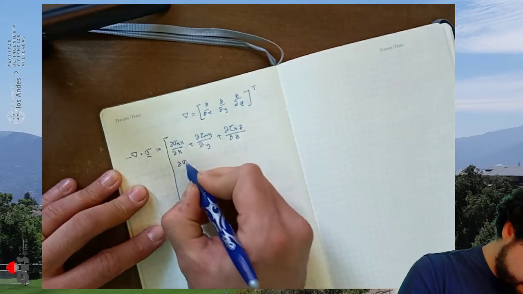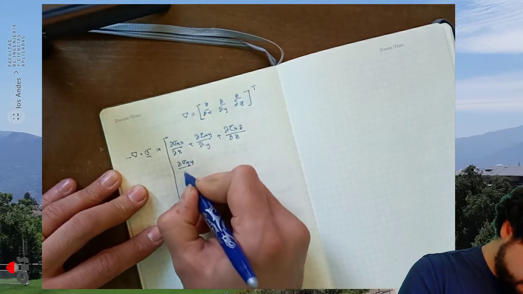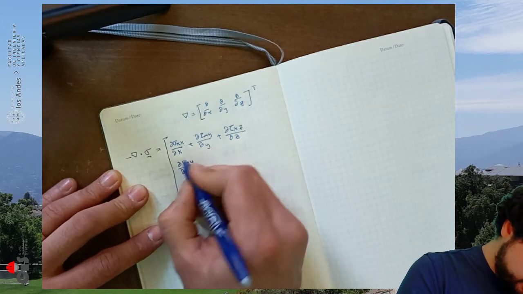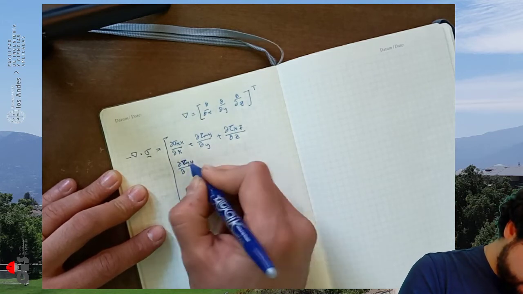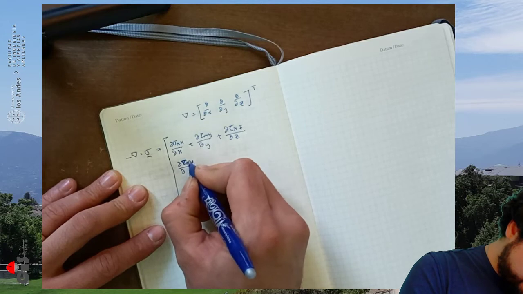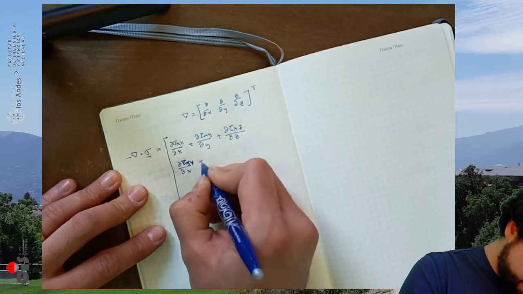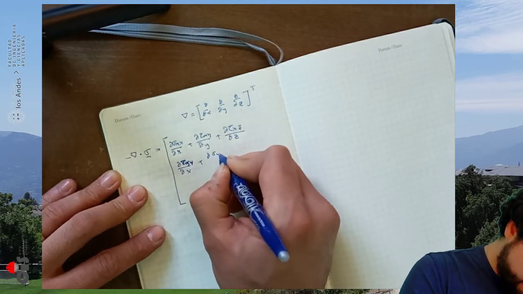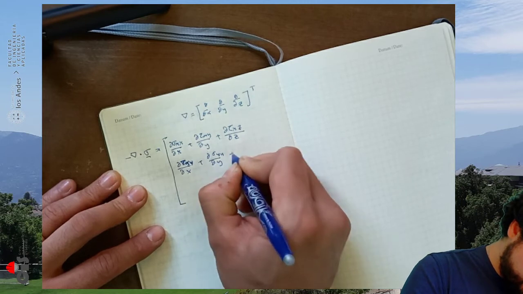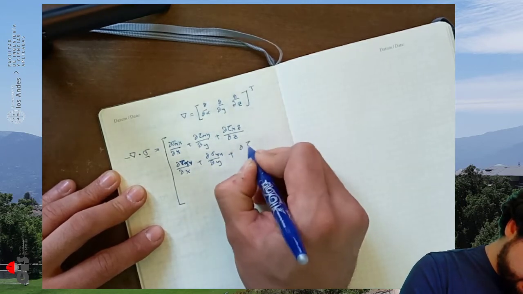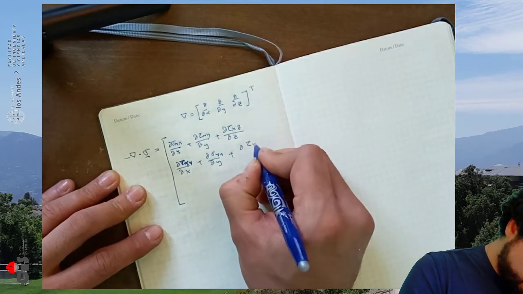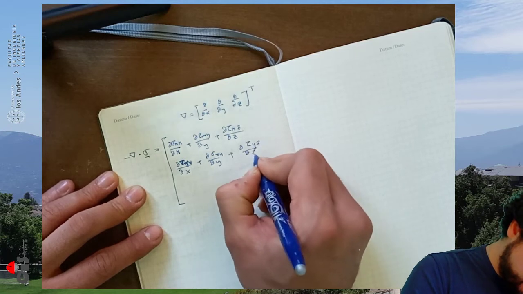Then you have, let's do it correctly, d tau xy over dx plus d sigma yy over dy plus d tau yz over dz.